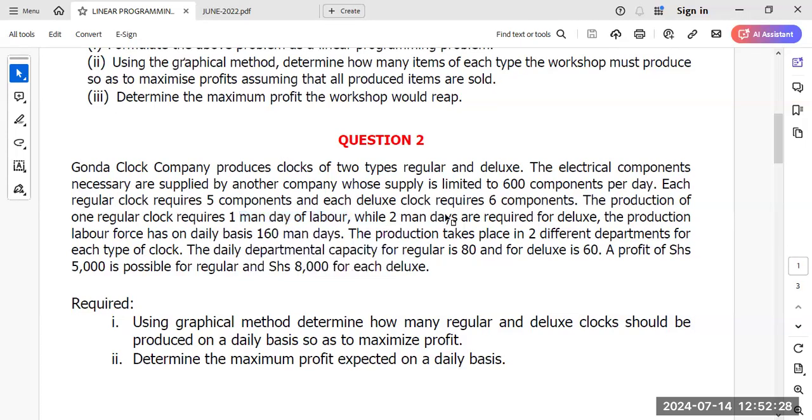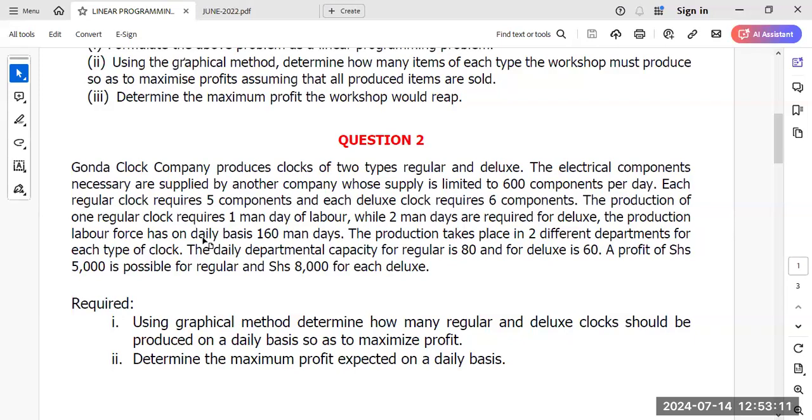Then they are telling you that Derrick's requires 2 man days. And the continuation, they are telling you that the production labor force has on a daily basis 160 man days. What comes into your mind?